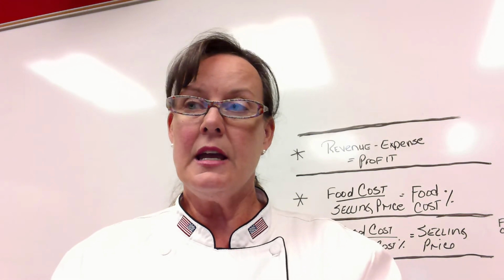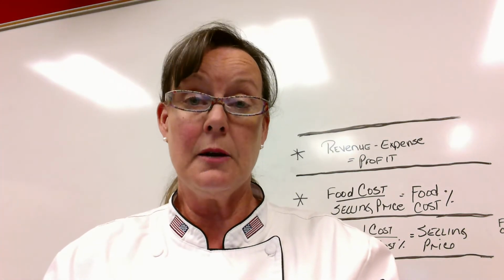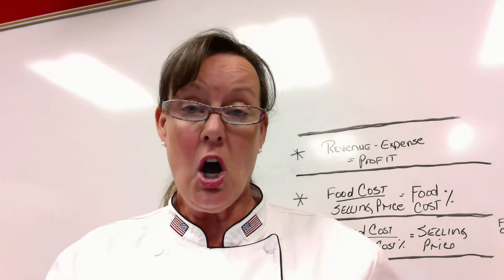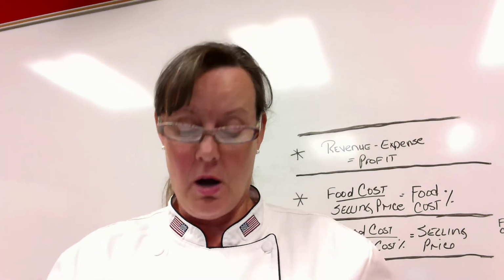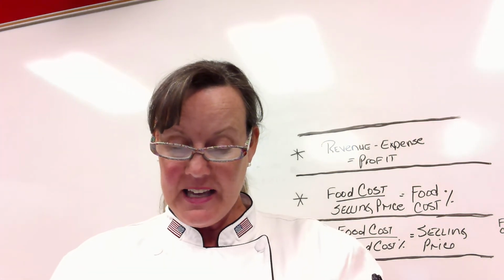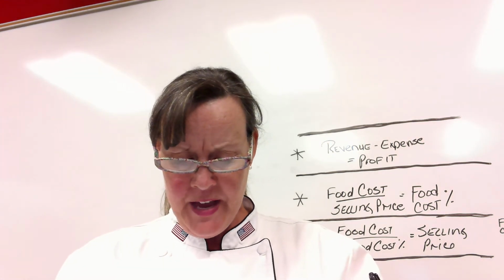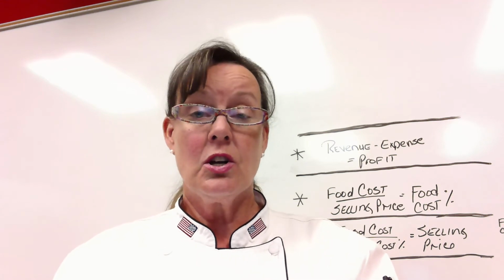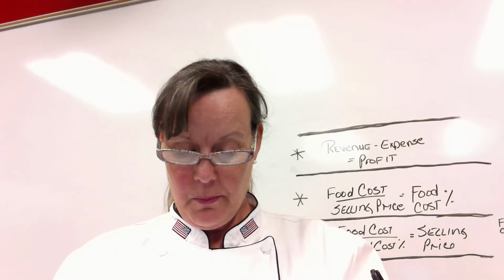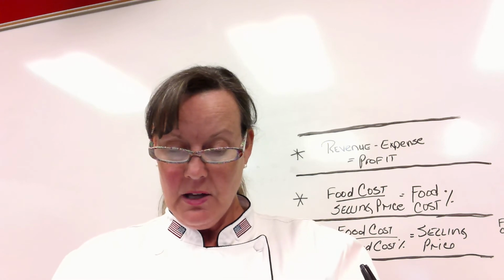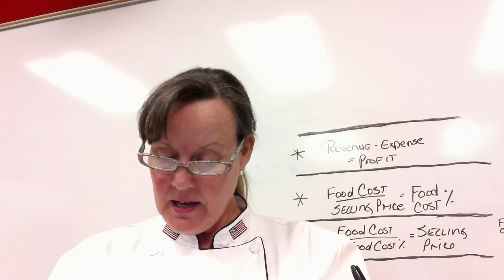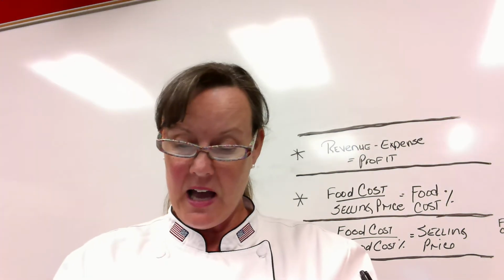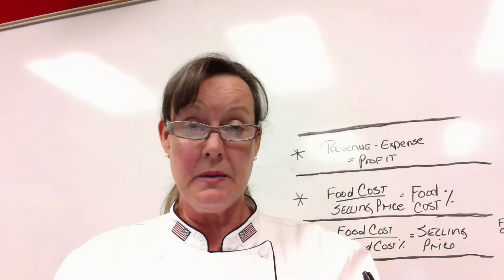So they're taking the menu selling price and deducting the food cost, and that gives them your average contribution margin per customer, okay? So you can read through that. If you have any questions on that, I'll be glad to dive into it more specifically.